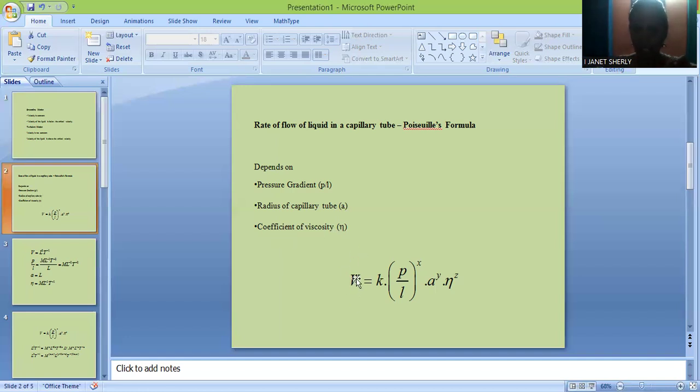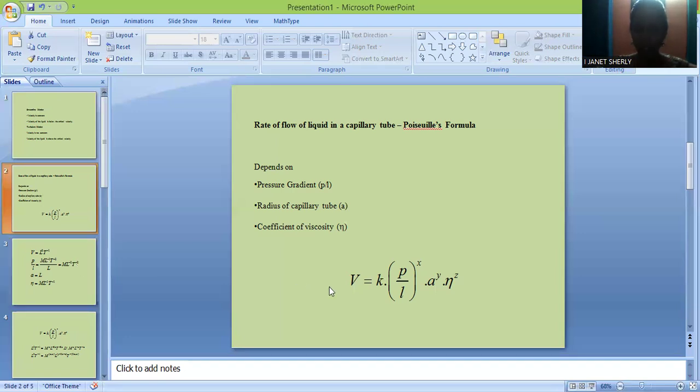So V, the rate of flow of liquid, depends on P by L, the pressure gradient, A, the radius of the capillary tube, and eta, the coefficient of viscosity. Let K be a constant, and we have the powers X for the pressure gradient, Y for A, and Z for eta. We need to find the values of X, Y, and Z to find the rate of flow of liquid.